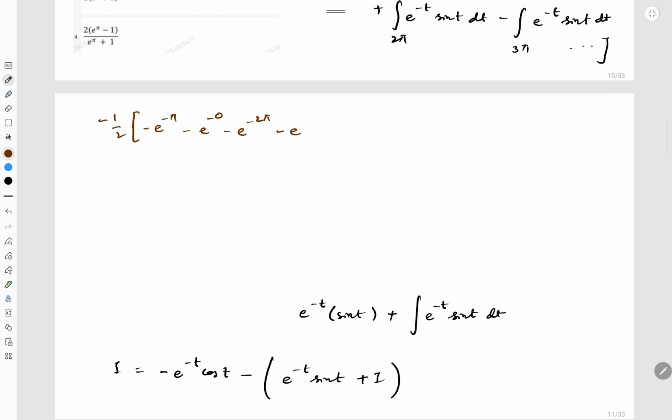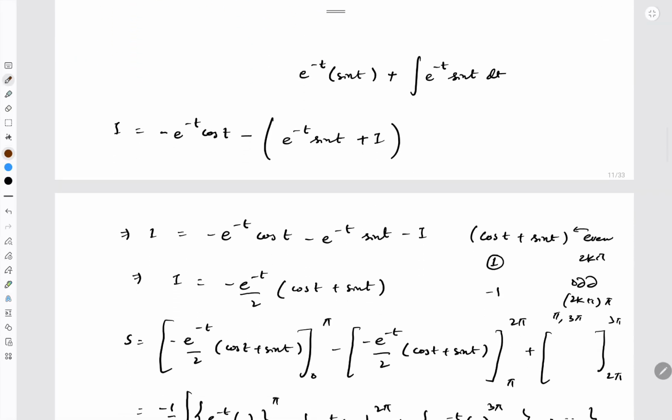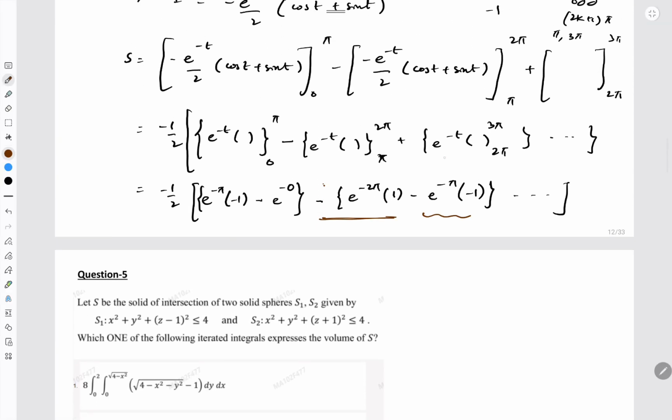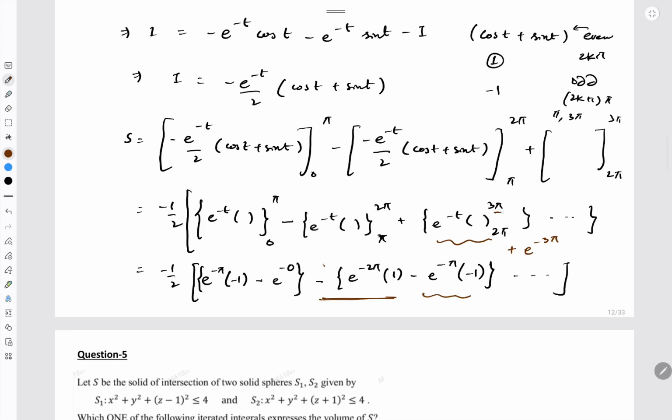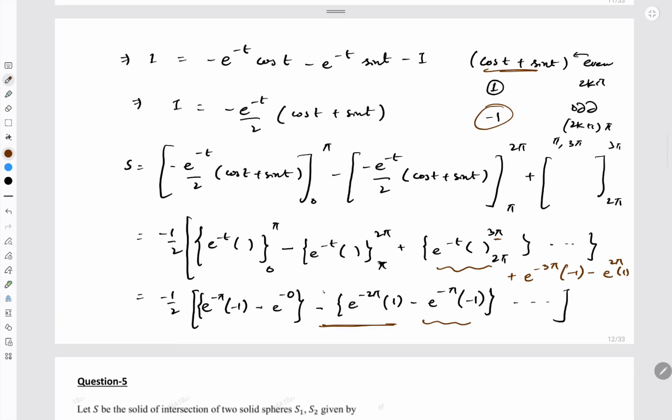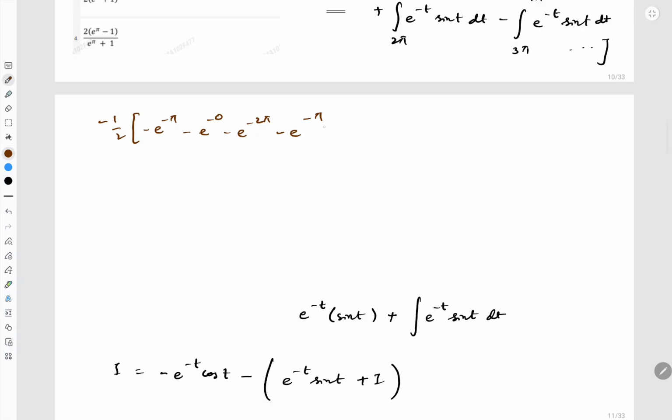So minus e power minus pi, and if I solve this, it becomes e power minus 3 pi. I have to put the odd multiple in this term, so the odd multiple gives minus 1. So minus 1, minus e power 2 pi, the even multiple gives 1. So it becomes minus e power minus 3 pi minus e power minus 2 pi, and so on. You can see there is a pattern here, right?